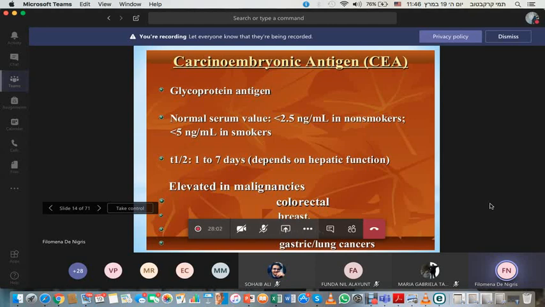Also for PCA, when we have infection, we have an inflammatory situation. Sometimes the cells start to produce something that was originally switched off during development.